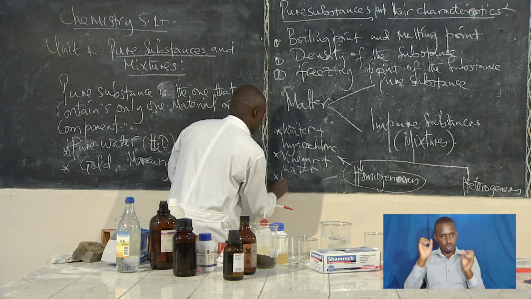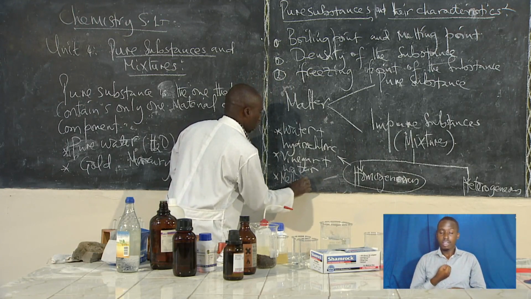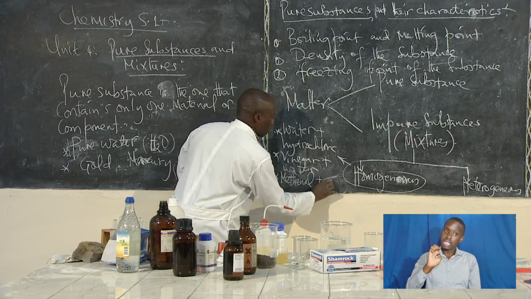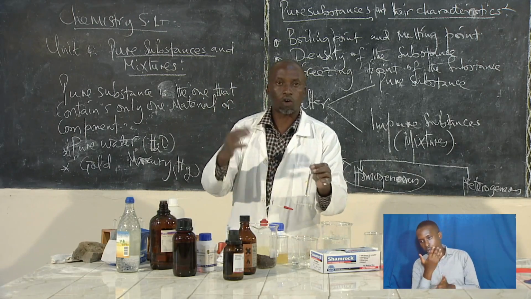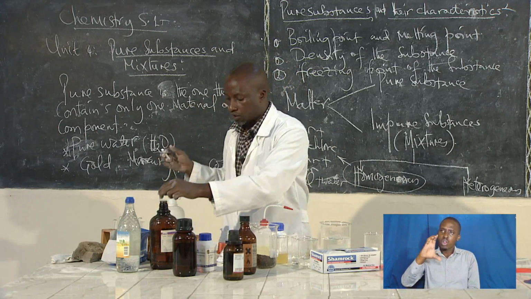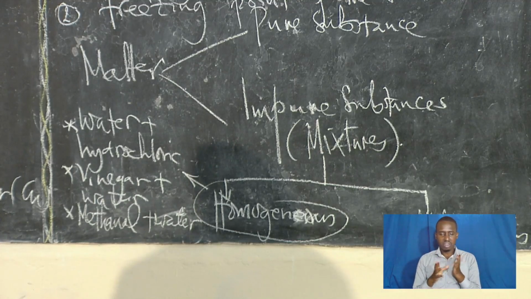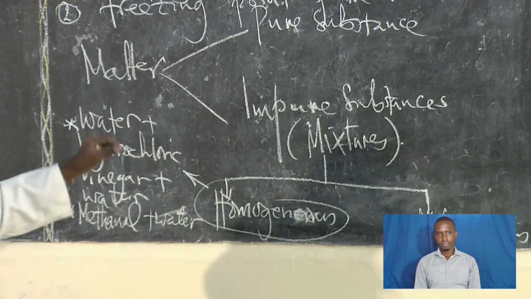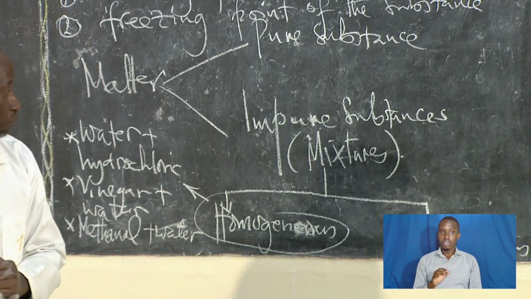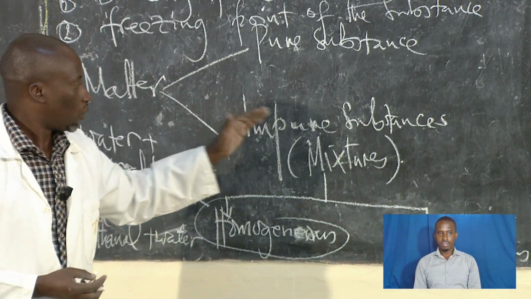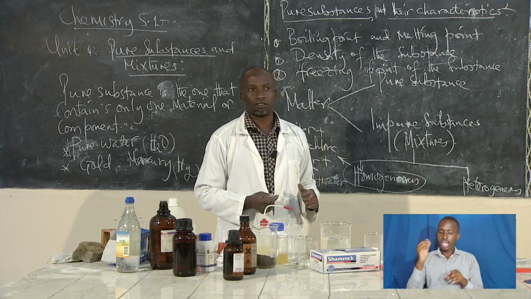So you can also have ethanol and water, or methanol and water, or any other type of the common alcohols that we use. Now, these are two examples of the impure substances, which we said are mixtures.